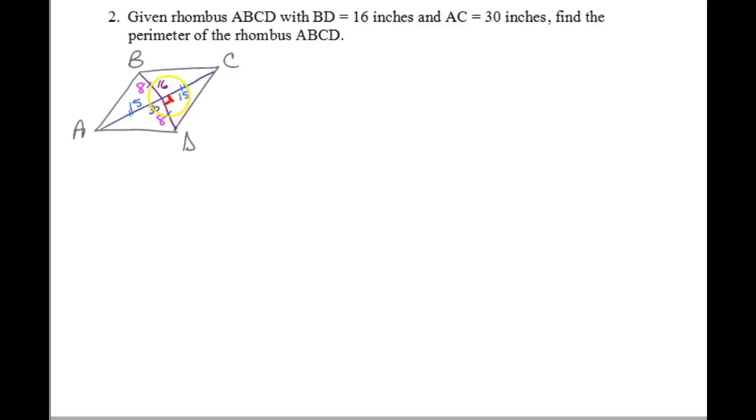And also, in a rhombus, the diagonals are perpendicular. So if you focus on this triangle, we should be able to find a side length. And I'll just go ahead and use the Pythagorean theorem.